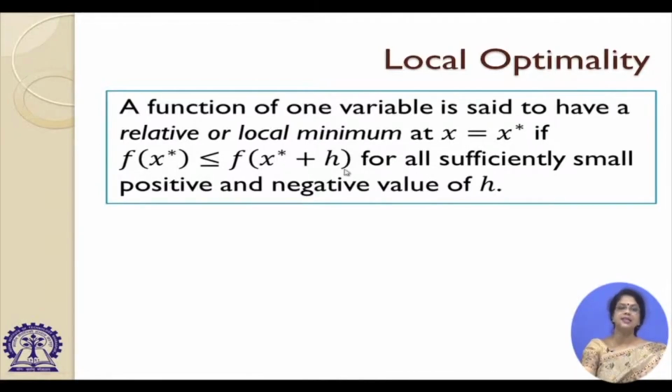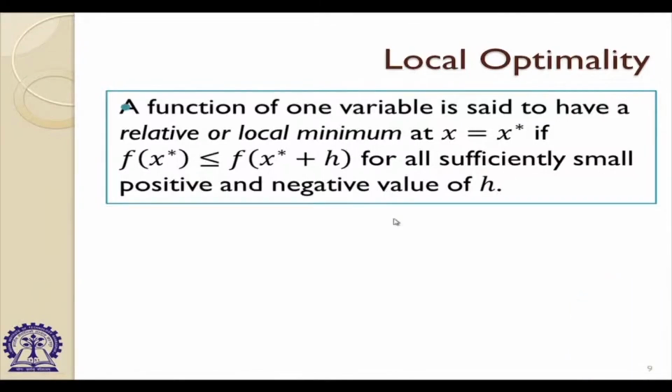Better in the sense that we won't get any functional value which is lower than that point. Okay? Then we can declare that that is the local optimal point. That is why we are taking the point x star and we are considering the h neighborhood of that. h can be positive, h can be negative, and you see the functional value is always greater than f(x star). That is why at that point there must be a local optimal point.